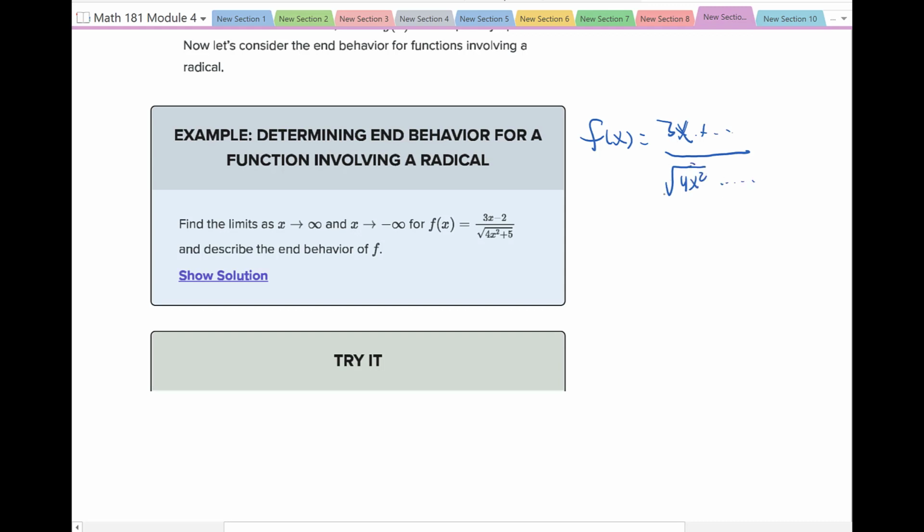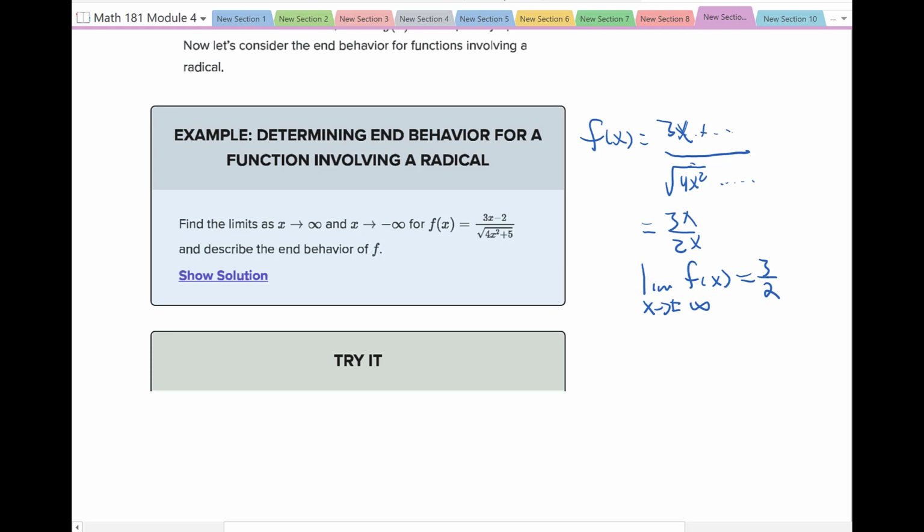So if we focus on these two leading terms, that's like saying 3x over 2x, and now they have the same degree. I know that's a 4x squared, but it's under a square root, so it's like saying 3x over 2x. So our limit as x approaches positive or negative infinity of f of x is going to be that 3 over 2.